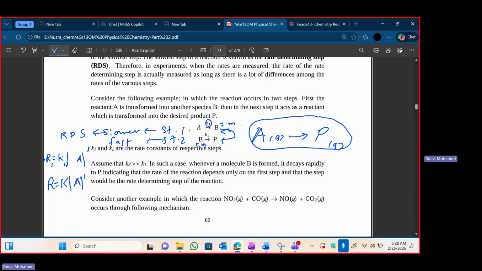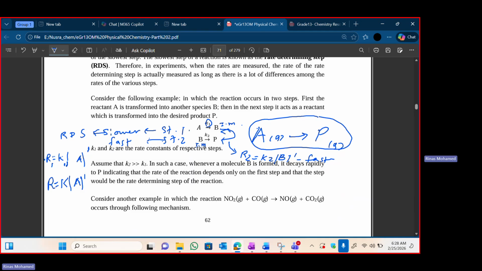For the second step also, we can write R2 equals K2 into B to the power 1, since the stoichiometric number of B in the equation is 1. But this is the fastest step.